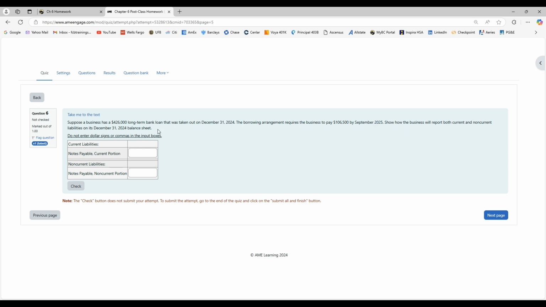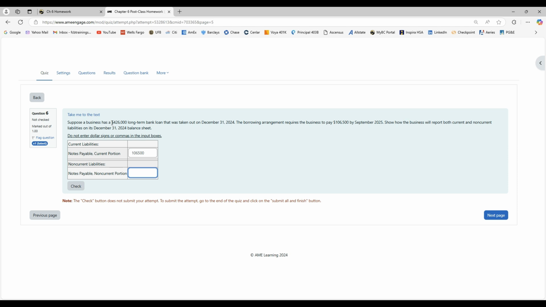So we need to see how we're going to report this. The current portion of a long-term bank loan is the portion of the principal that would be repaid within the next 12 months. And September 2025 is within 12 months of the end of the year here at December 31st. So that's going to be our current portion, the 106,500.